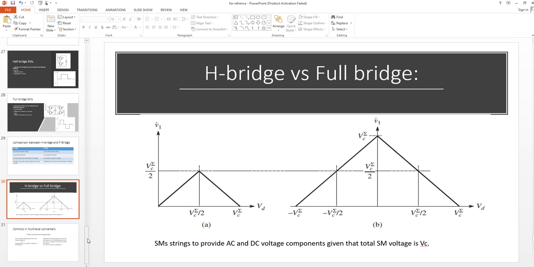So we are ending here this presentation. We discussed why nowadays renewable energy sources are used, and if we are using renewable energy sources, what type of network we can use to transmit the power efficiently.